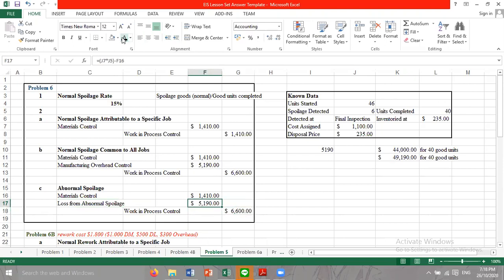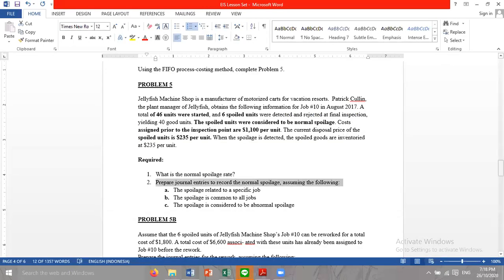That's if it's abnormal. Because we think it's an extraordinary event, it is inaccurate to add this loss in value as a cost to produce the good units, since it is not normal in the process of production. Okay, that's for problem 5A.